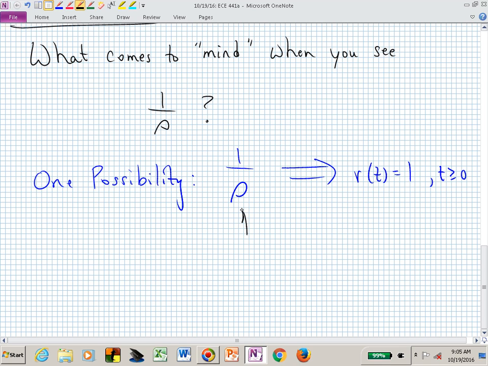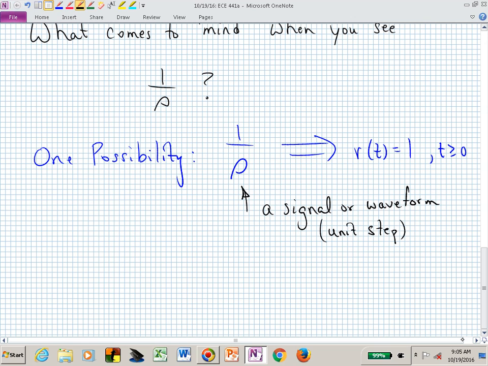And in this case, this 1 over s corresponds to a signal or a waveform. And since the coefficient up top is 1, it's actually a unit step, which is where the 1 comes from in the time domain.